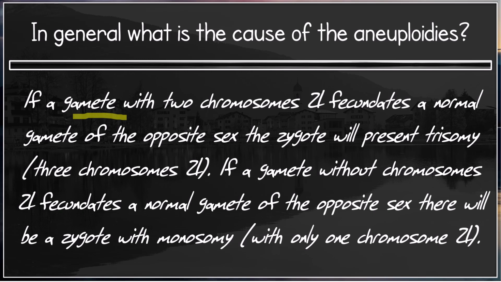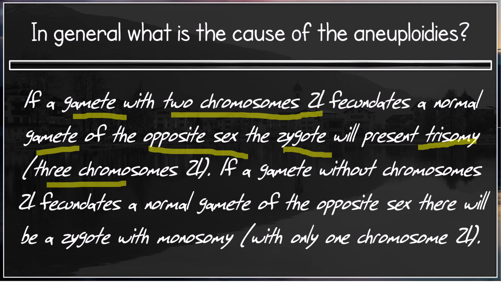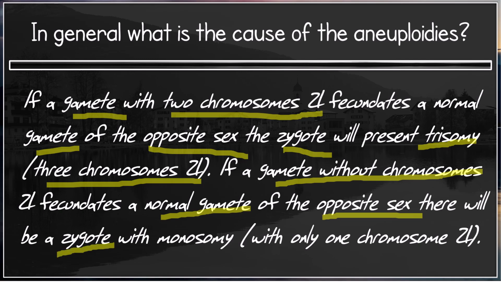If a gamete with 2 chromosomes 21 fecundates a normal gamete of the opposite sex, the zygote will present trisomy, 3 chromosomes 21. If the gamete without chromosome 21 fecundates the normal gamete of the opposite sex, there will be a zygote with monosomy, with only 1 chromosome 21.